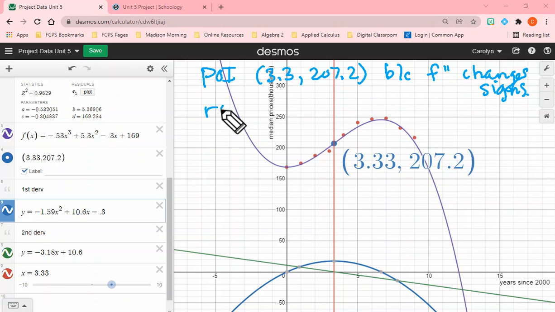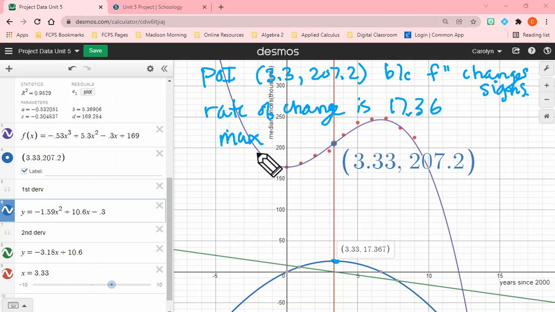The rate of change is a maximum. It's 17.36, and it's a maximum rate, because, look at this, double prime goes from positive to negative.